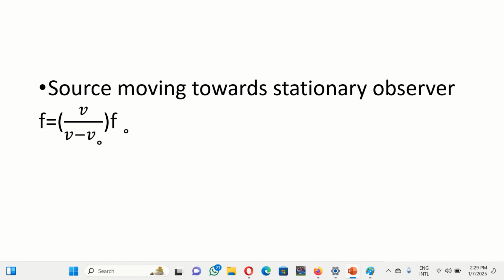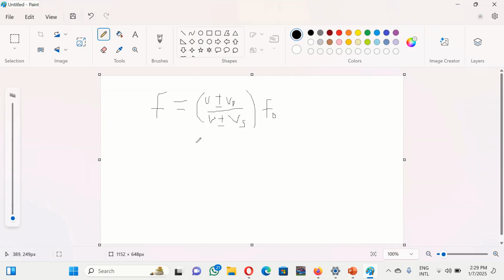So this tells us that there will be an increase in frequency, because the source is moving and the observer is stationary.